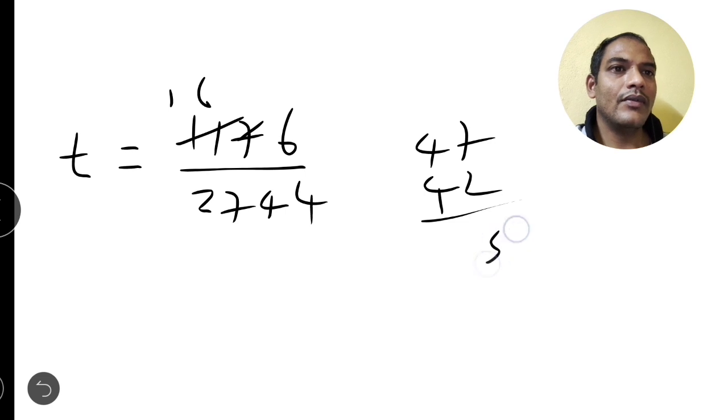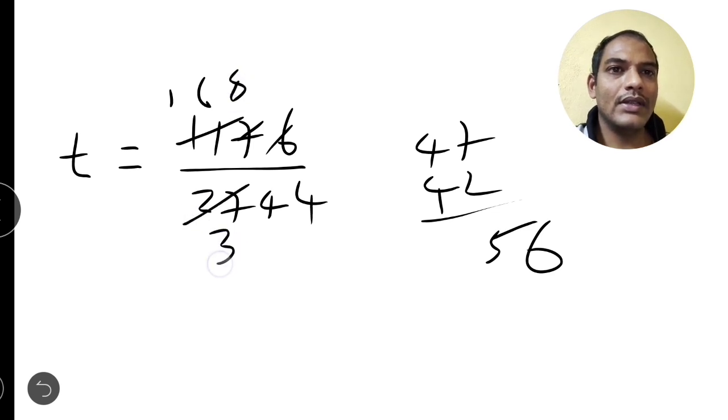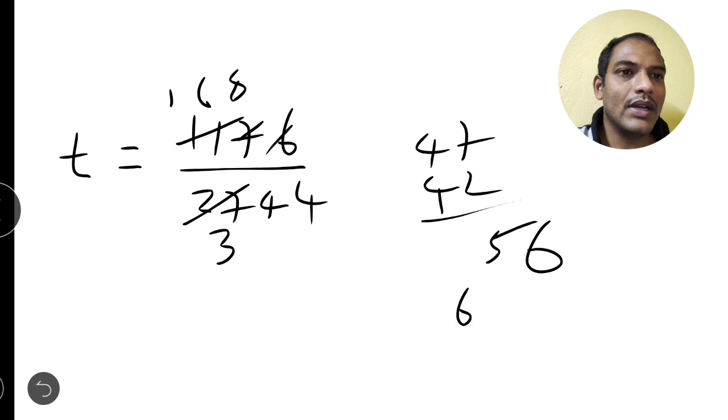What is the remainder? 5. Next 6. 7 8s are 56. Next here 7 3s are 21. What is the remainder? 6 remainder. Next digit 4. 7 9s are 63. Remainder 1.